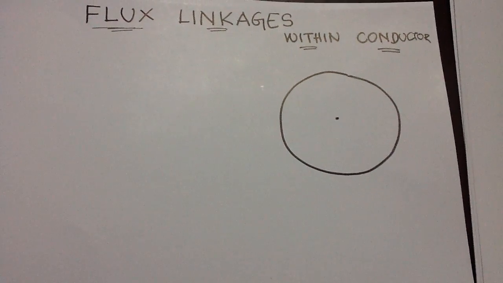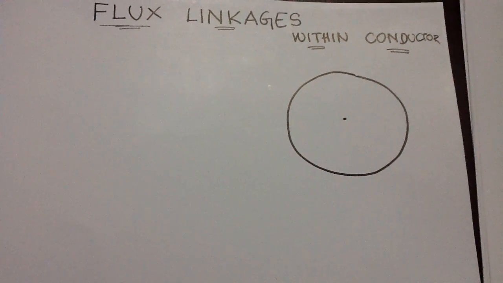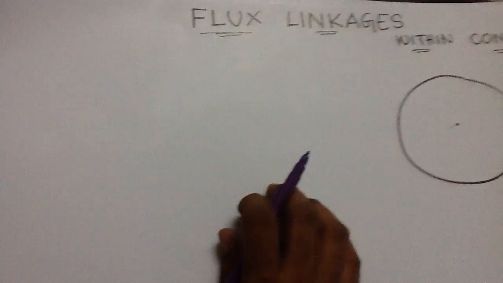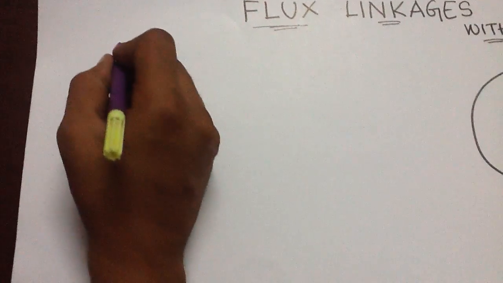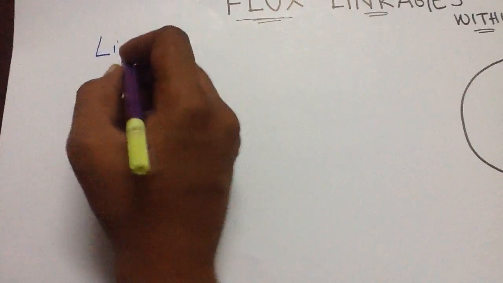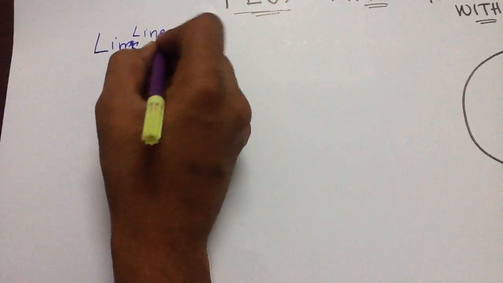In this video, let us learn about how to calculate flux linkages within the conductor. Before we actually delve into the topic, let us see why we actually need line parameters. Line, that is L-I-N-E.